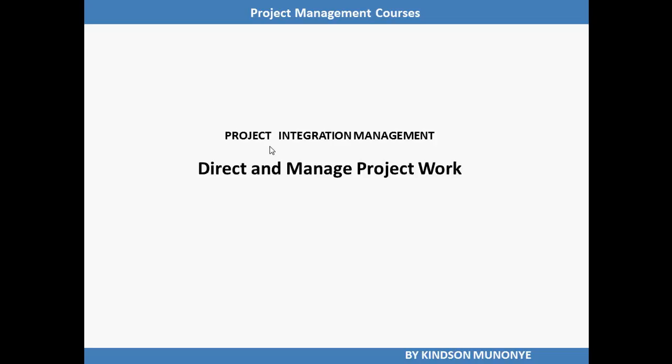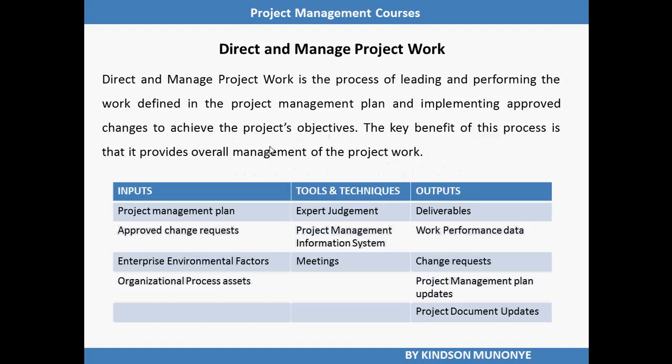In this presentation, we are going to be looking at the third process in the integration management knowledge area, this time under the executing process group: the direct and manage project work process. Okay, so let's first discuss what is direct and manage project work.